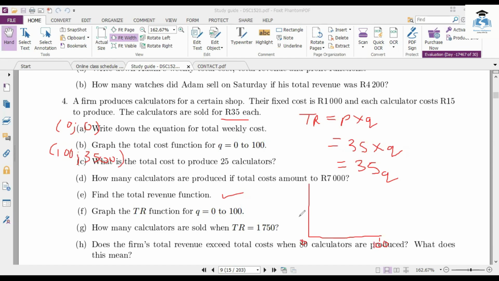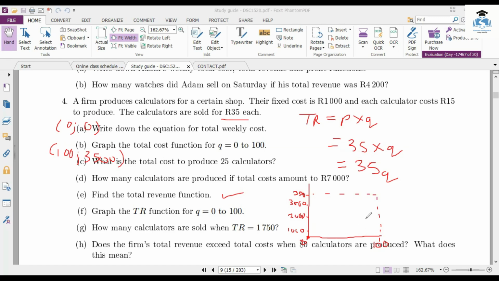Then my 1,000 is here, my 2,000 is here, my 3,000 is here. Maybe 3.5 is somewhere here. You can do this with a scale or using the exact scale. So 0, 0 is here. Then 100, 3.5, something like this.